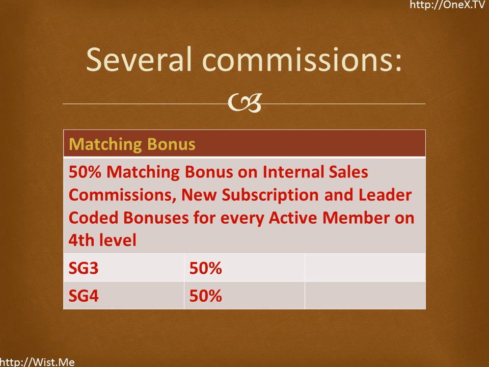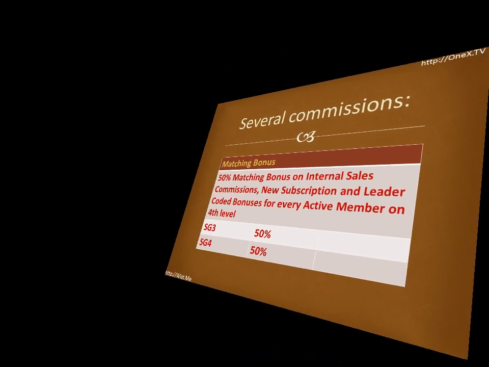Now, remember in the beginning I said that we have a 3x9 matrix, but this 3x9 can expand in width and in depth. You start with 3 persons on your row 1.